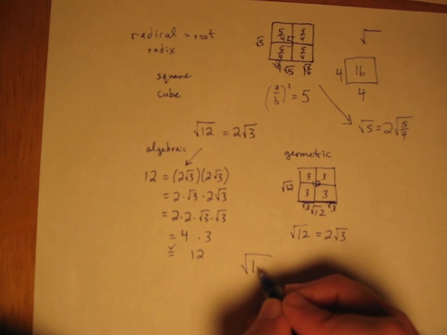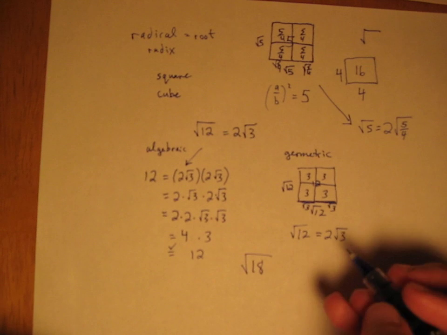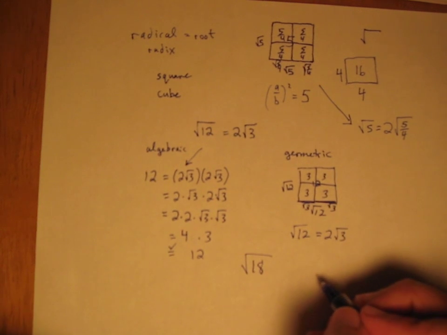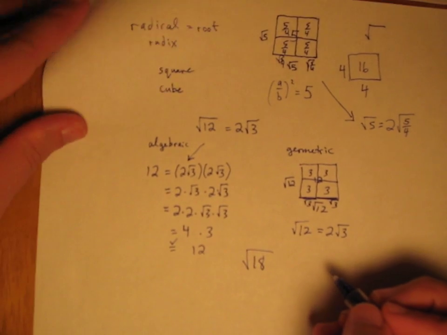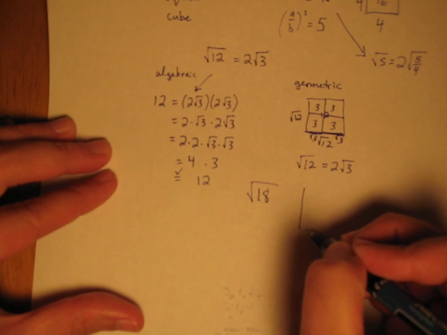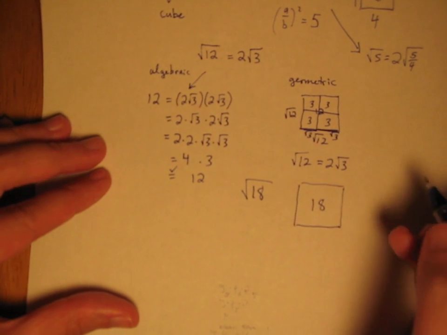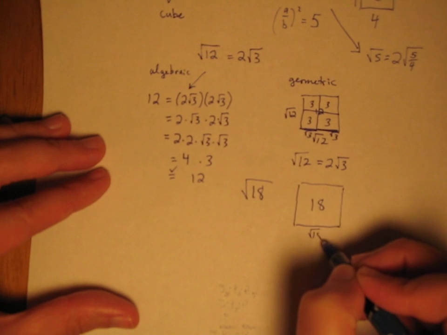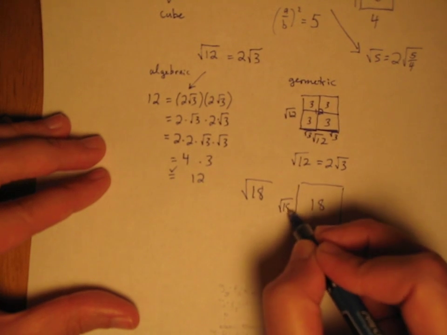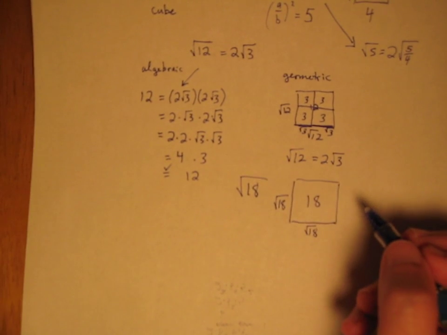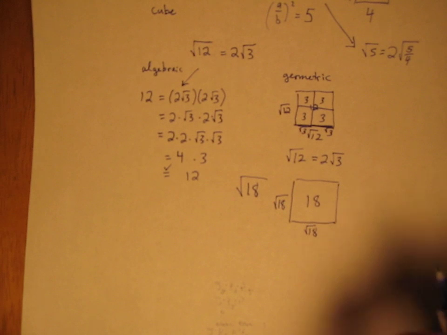So the square root of 18, I'll draw the picture. Here's a square, it's 18. So this is root 18, and this is root 18. 18 is not divisible by 4, but it is divisible by another square number, namely 9.